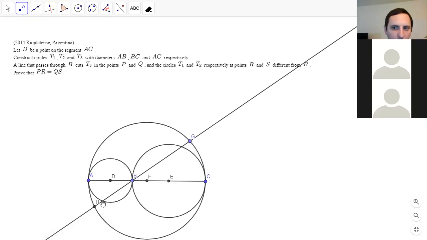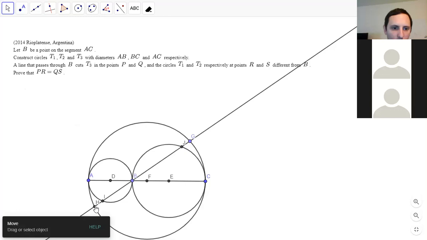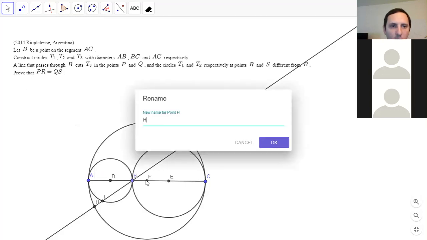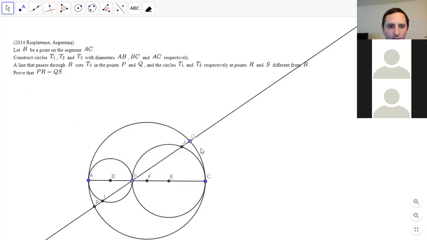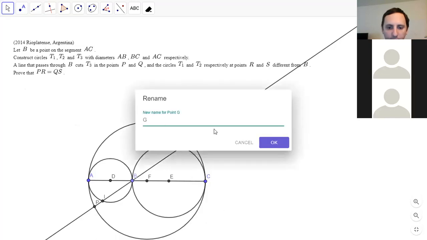Okay, so I'm going to do some renaming here. This is P, this is Q. Yeah, this doesn't look like a hard problem.